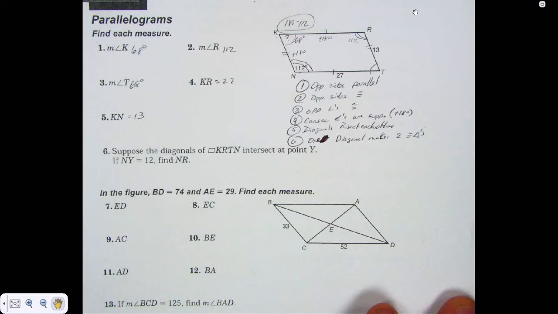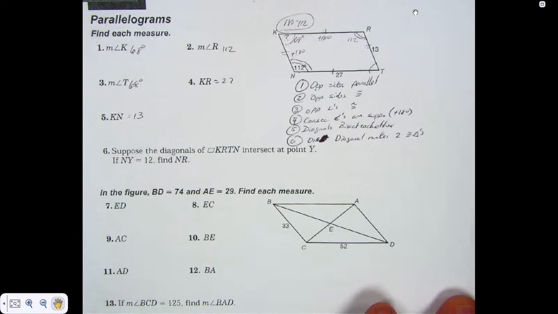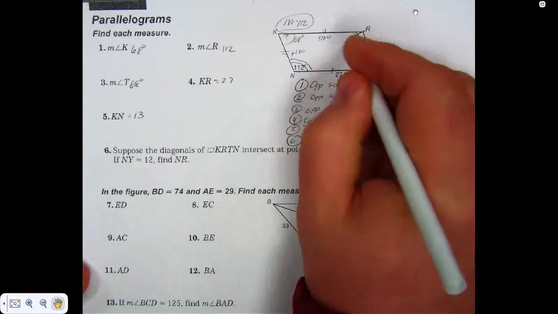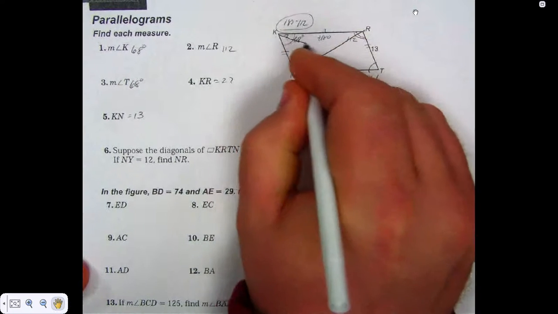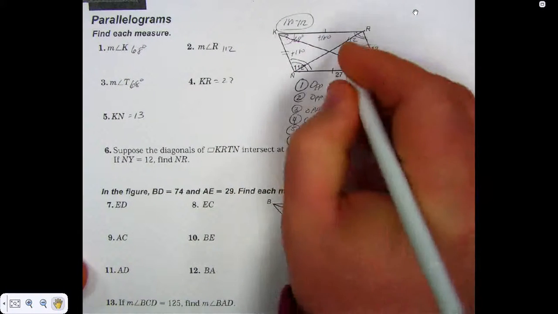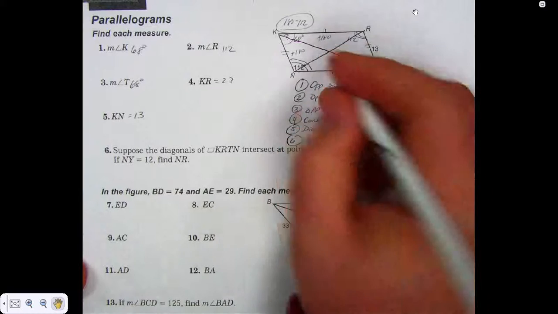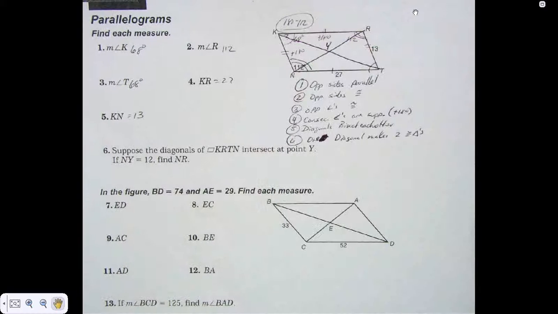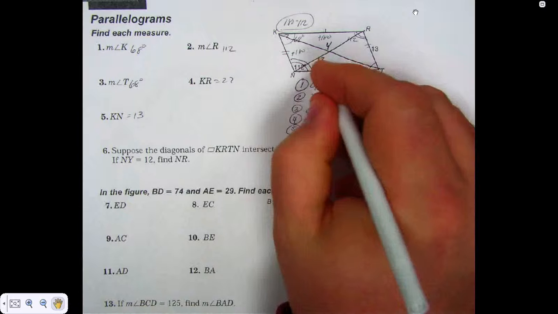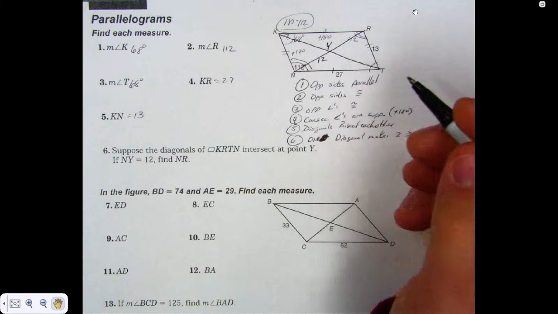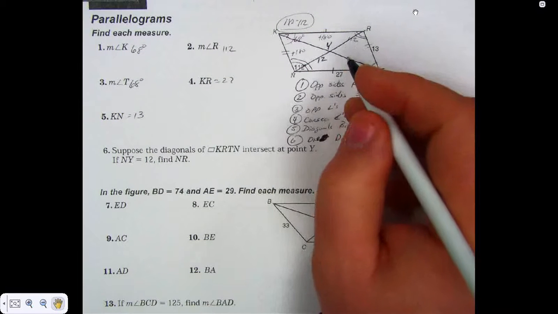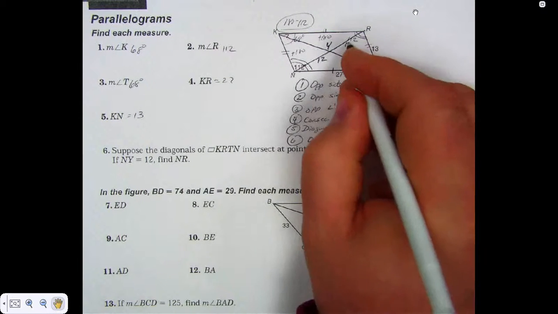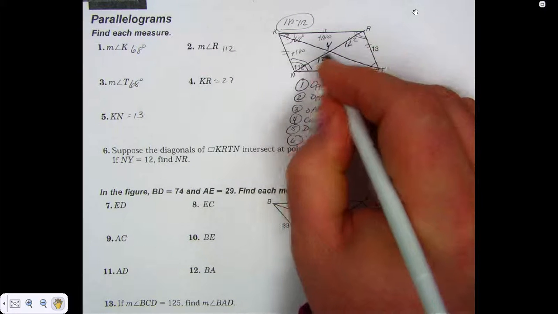Suppose the diagonals of KRTN intersect at point Y. The diagonals, so they want us to draw the diagonals now, don't they? And they said, suppose the intersection is what? Point Y. Okay. NY is 12. So that makes that 12. Find NR. What do I know about the diagonals?